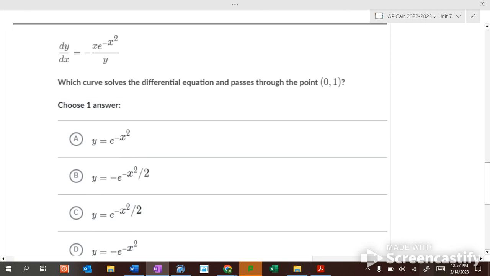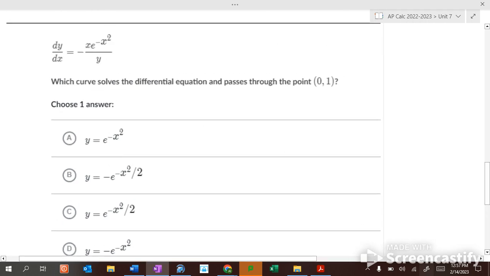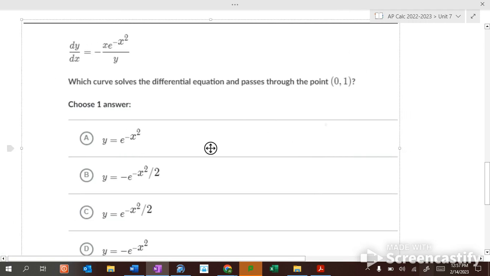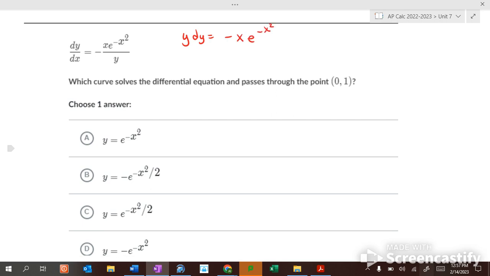Okay. Next. Which differential equation passes through this point? Or which curve solves this differential equation? You know what I mean. All right. So, separation of variables. y dy equals negative x e to the negative x squared dx. Integrate. So 1/2 y squared equals, oh my, the integral of that.